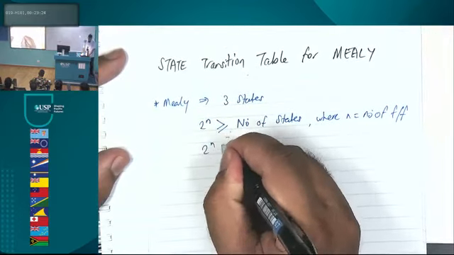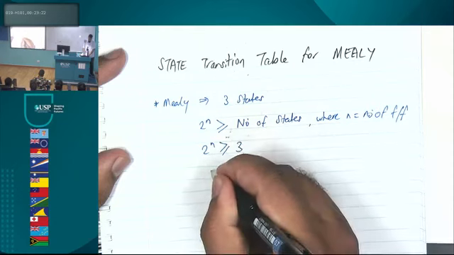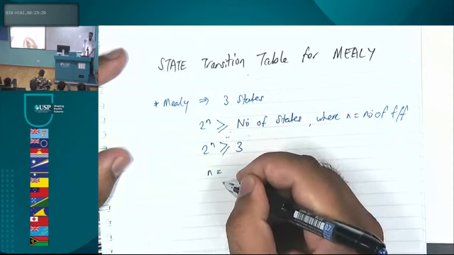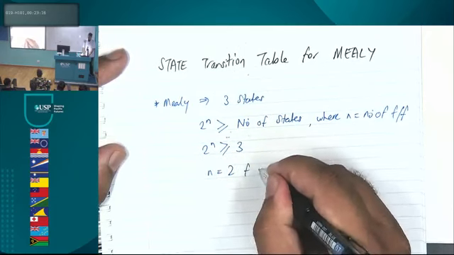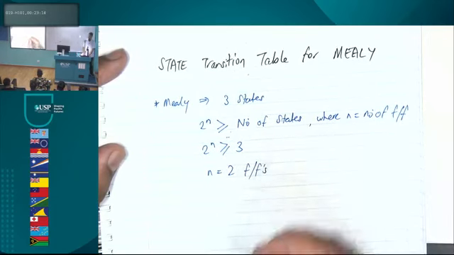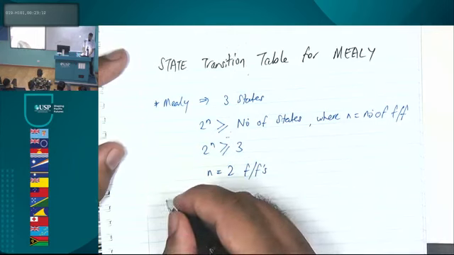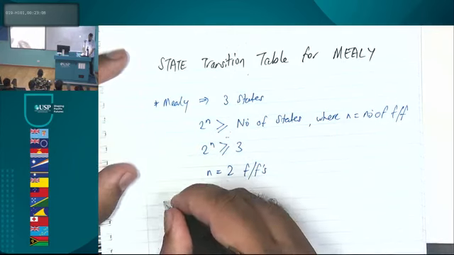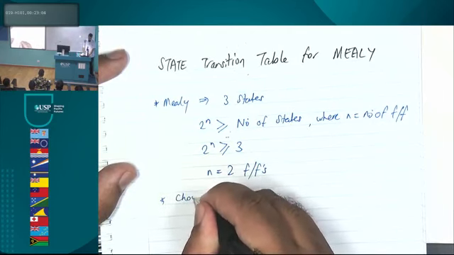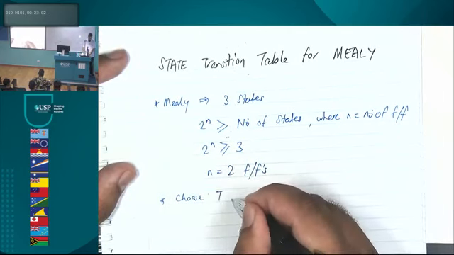So 2 to the power of n should be greater than or equal to 3. N will equal to what, guys? 2. So 2 flip-flops. Right? Let's choose. Did I mention which one we have to choose in the question? So let's say let's choose T.